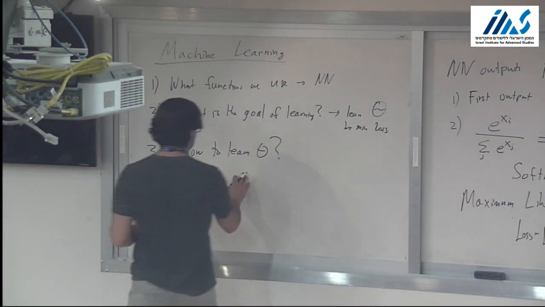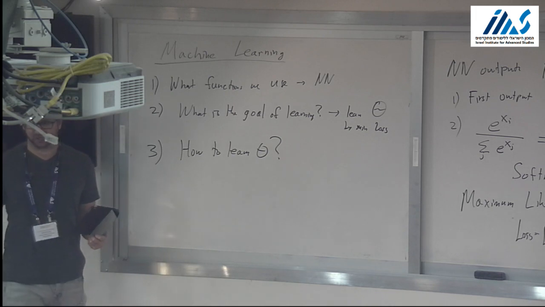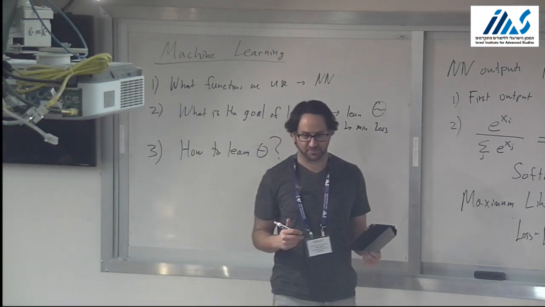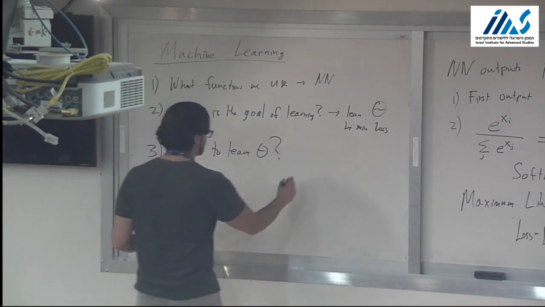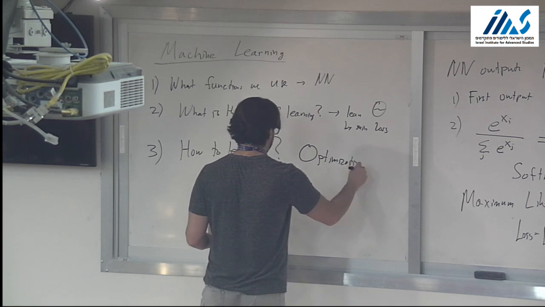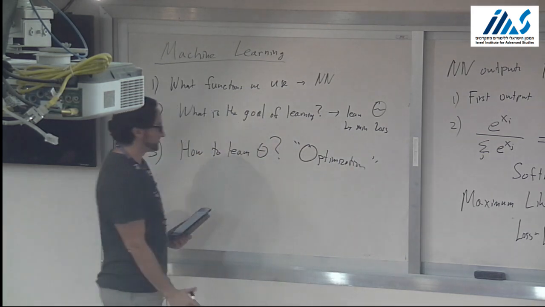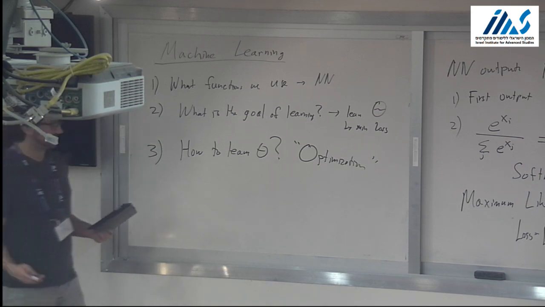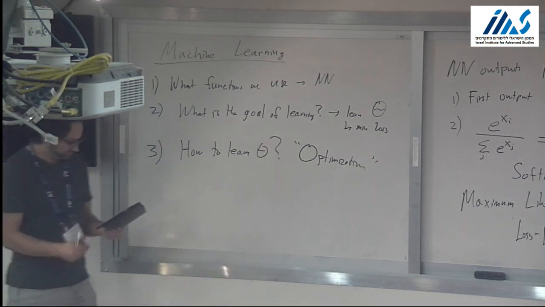And then there's this third question of, concretely, how do you figure out what parameters theta actually minimize the loss and give you good performance? This is called optimization. That's just the word that's used for this kind of process. So how do we optimize the theta to minimize the loss?